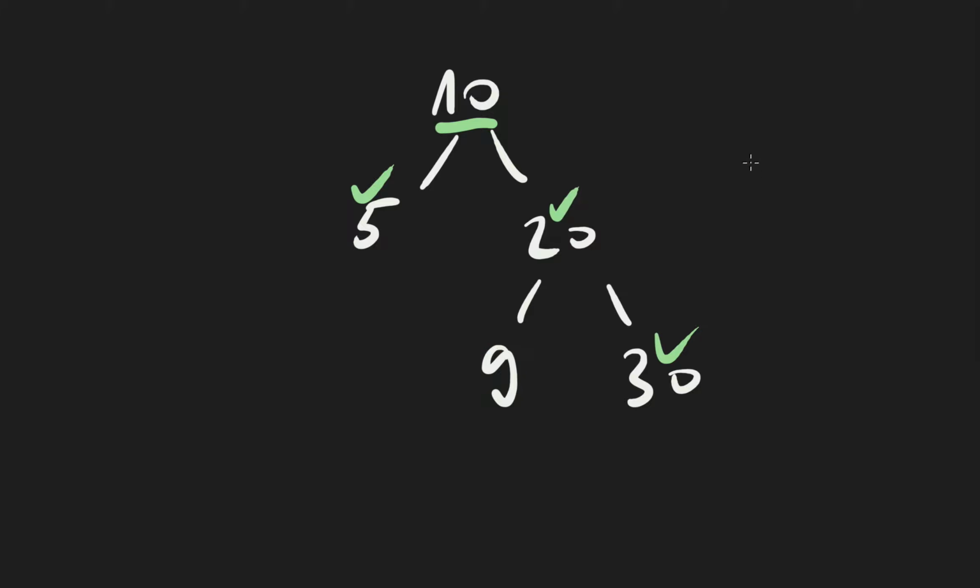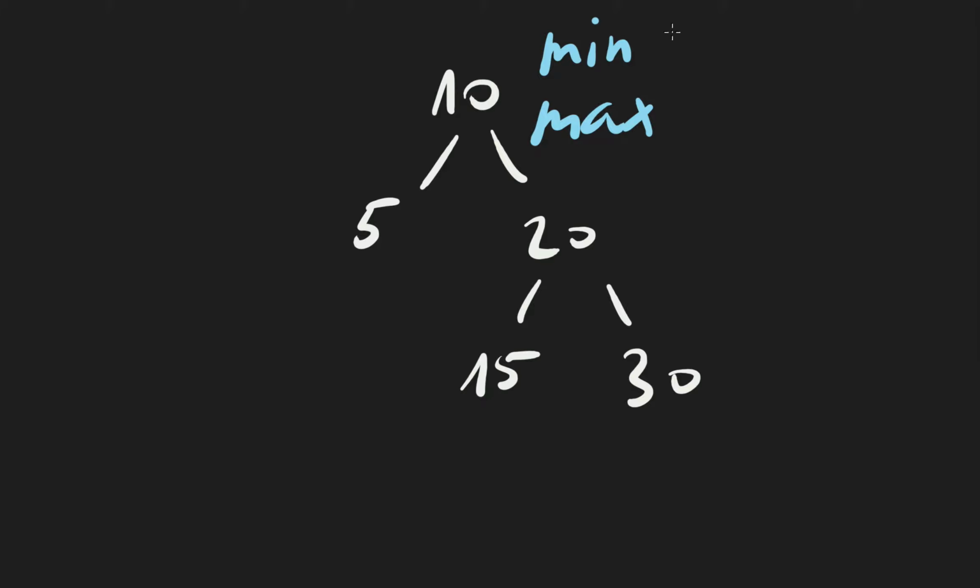Okay, so how would we solve this problem? One way of doing this is to have min and max values. The initial min value would be minus infinity, and the initial max value would be infinity, right? And these values would change depending on whether you are traversing the left child or the right child.